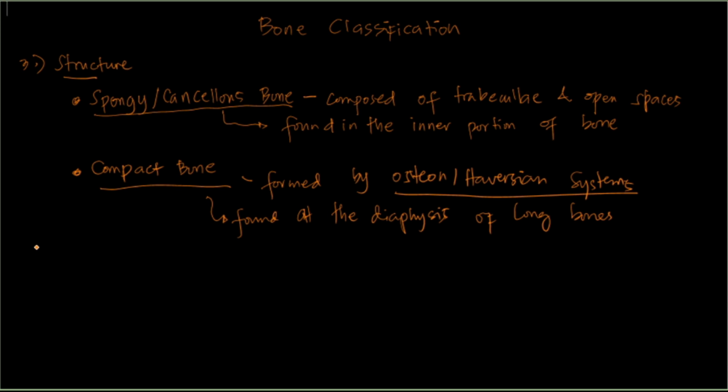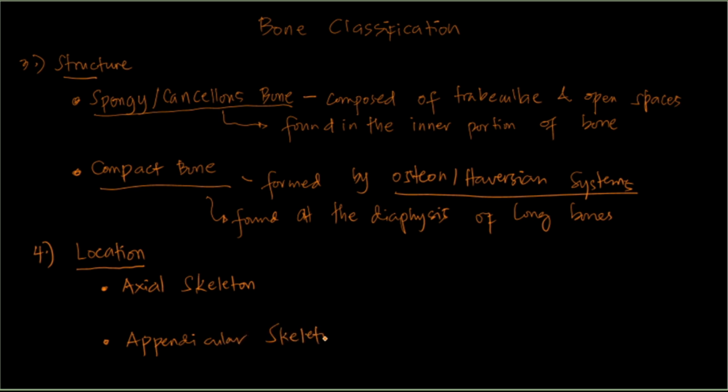The other broad category in how we can also classify bone is according to the location. Okay, location. When we say location, under this broad category, it includes your axial skeleton and your appendicular skeleton.